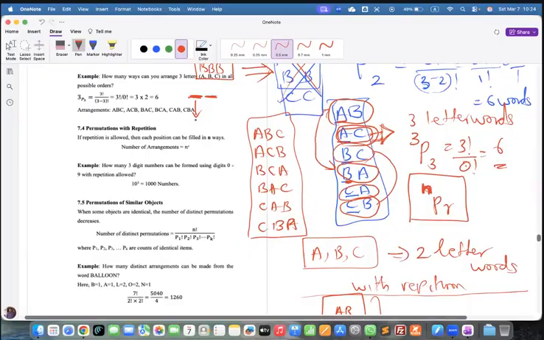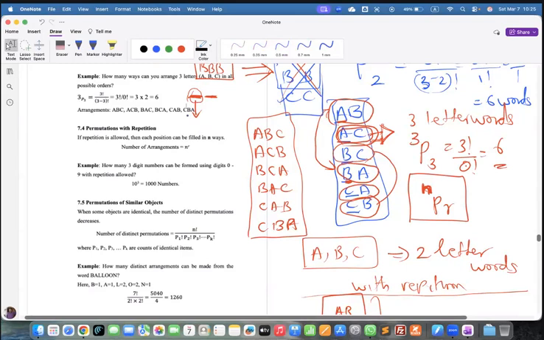Now how many possible ways can we choose the letter? What are the possible ways we can fill this first position?